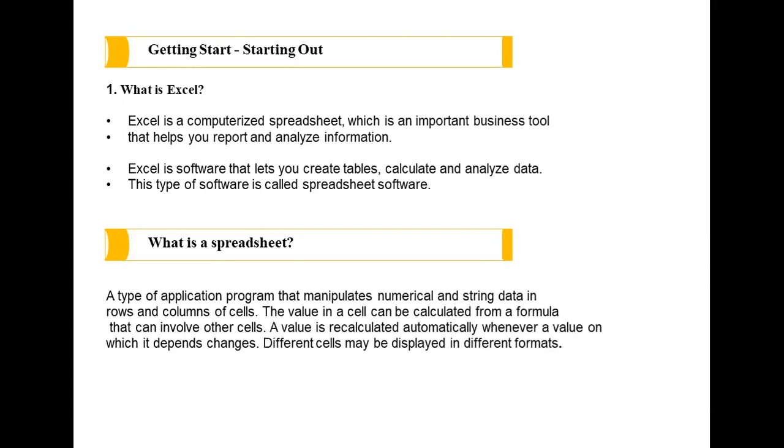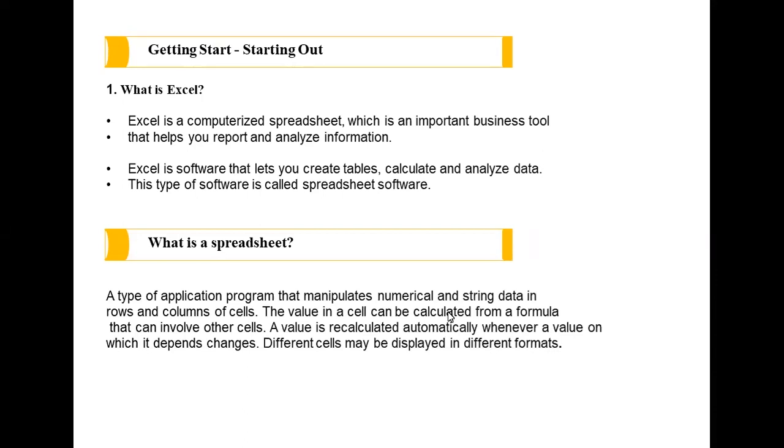There is one very important thing: whenever you apply any formula or do any calculation in a data set, if you change any value in the column, the formula's result gets updated accordingly.